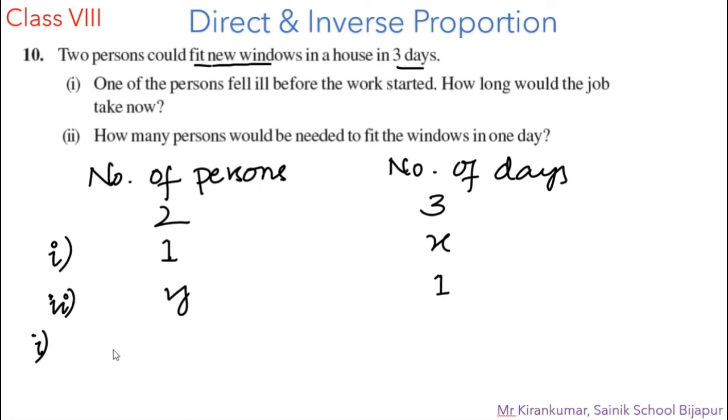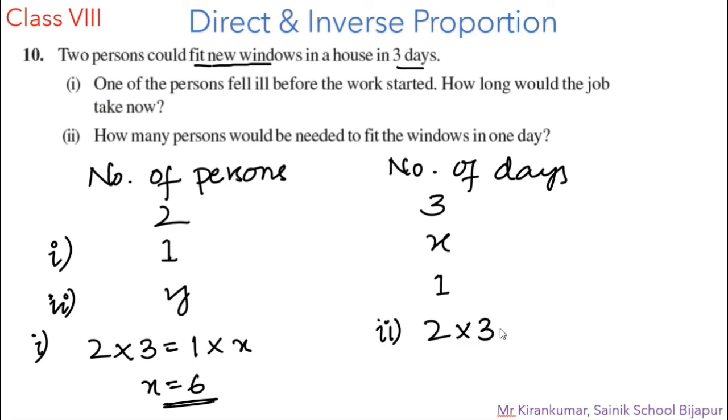Let's take up the first case in this inverse proportion. 2 into 3 will be equal to 1 times x, so x will be equal to 6. So 6 days it will take for one person to complete. If it has to be completed in 1 day, how many people are required? It would require 6 persons.